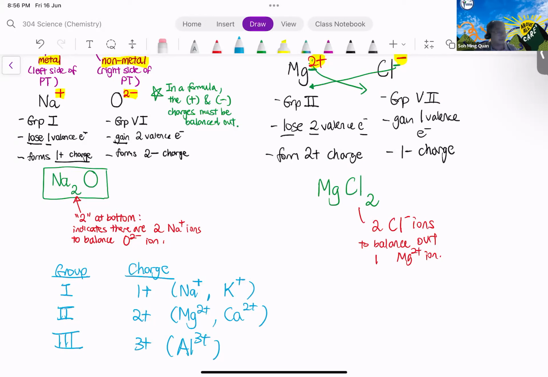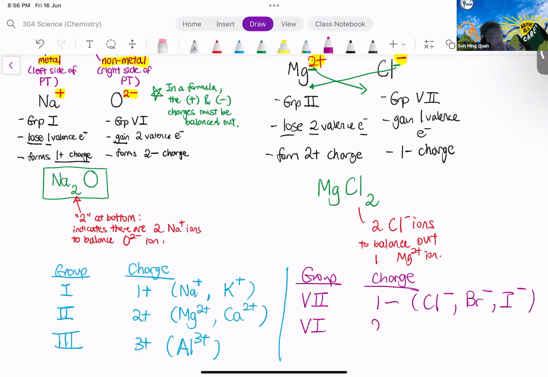Okay, so these are the metals. How about the non-metals? The non-metals, group 7. The charge formed is 1 minus, so like Cl minus, Br minus, I minus. So all your group 7 elements will form ions with a 1 minus charge.